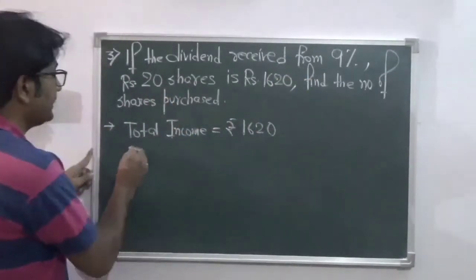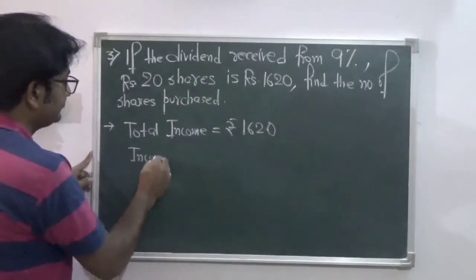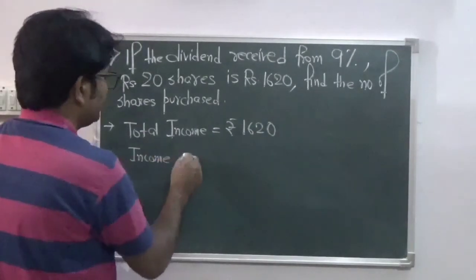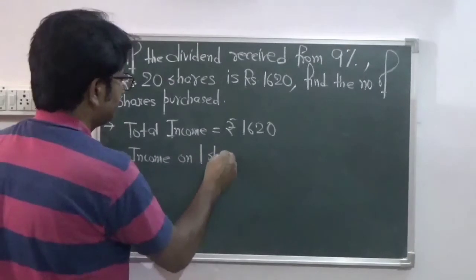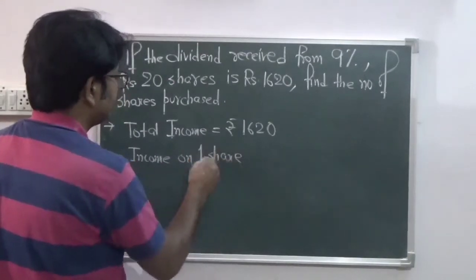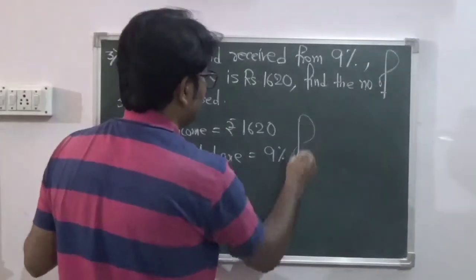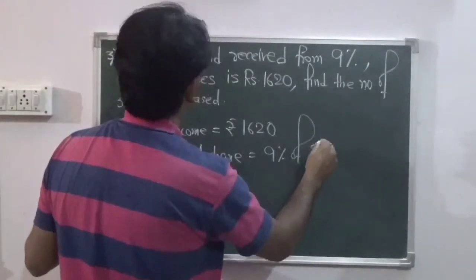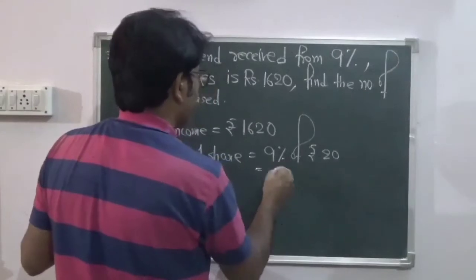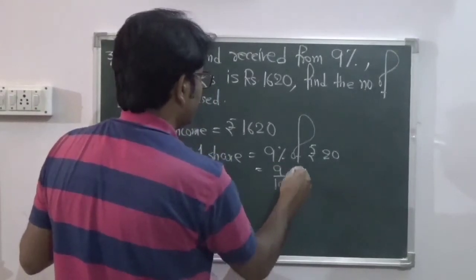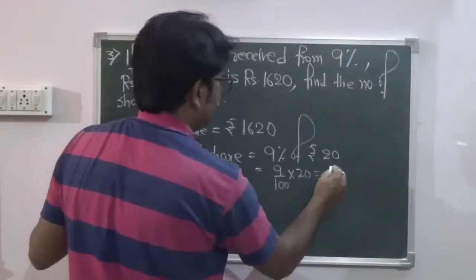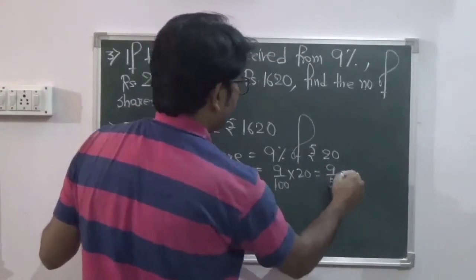So what is the income from one share? Income on one share is 9% of rupees 20.